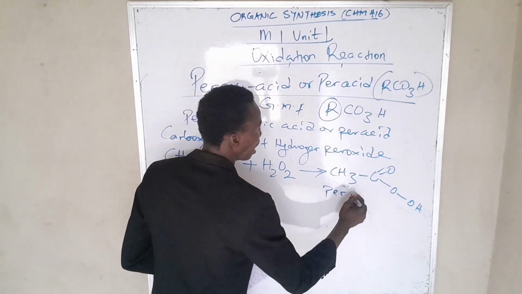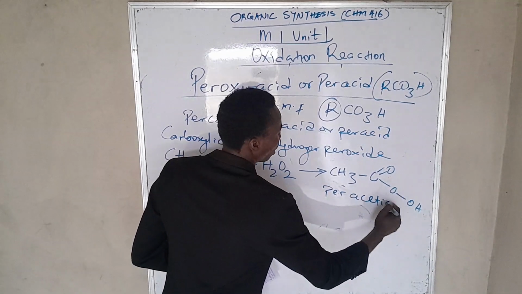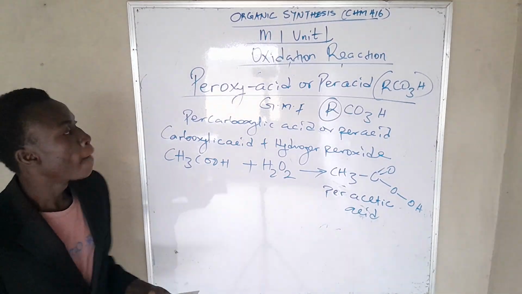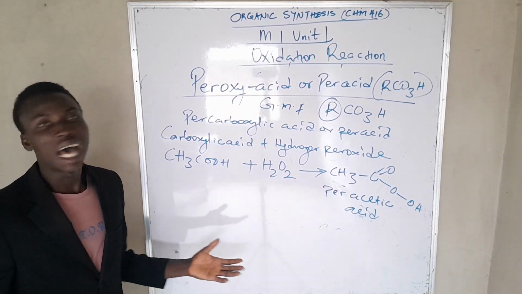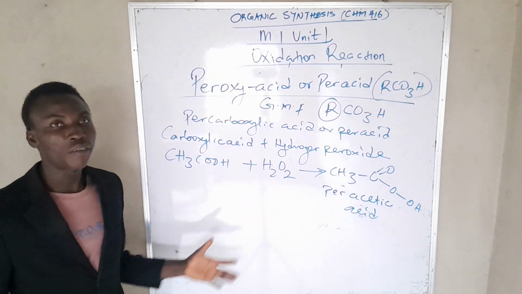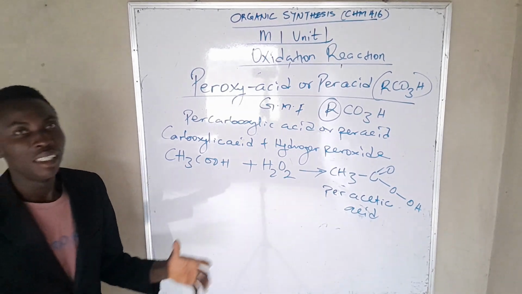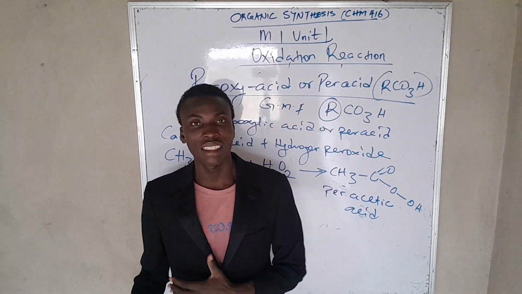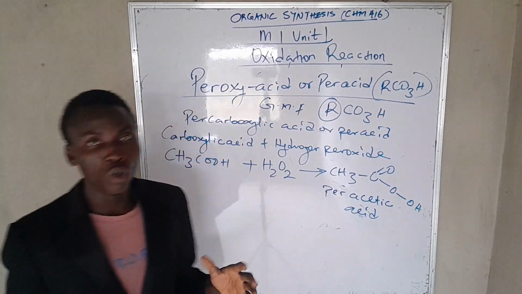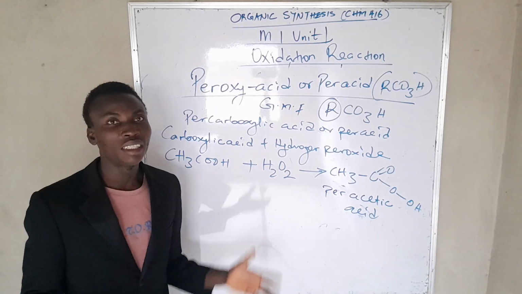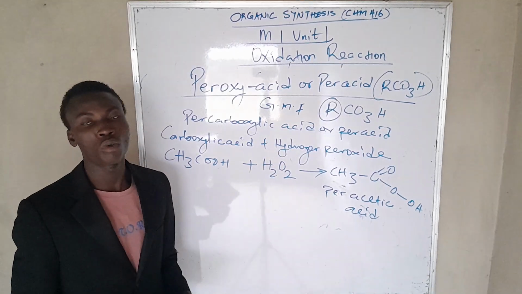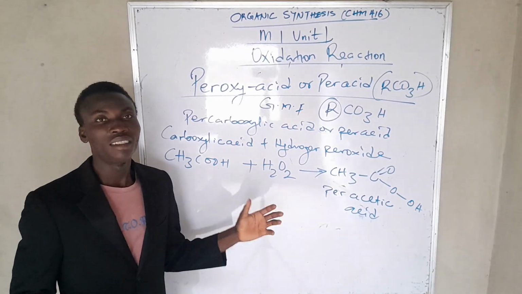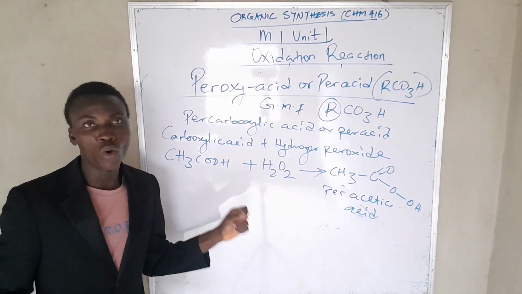Take note: peracetic acid. So a question can ask you to prepare peracetic acid. What you just have to do is write that peracetic acid can be prepared by the reaction between a carboxylic acid and H2O2, which is hydrogen peroxide, and it eventually produces peracetic acid, which is CH3CO3H.